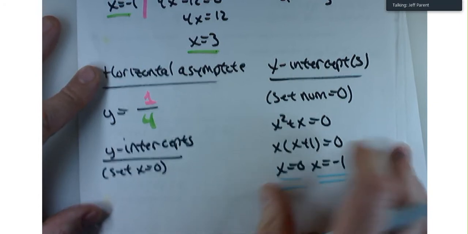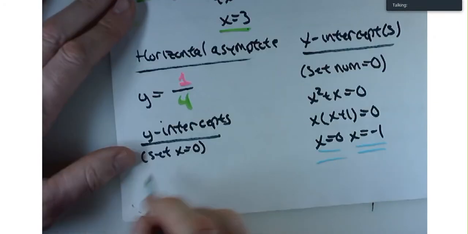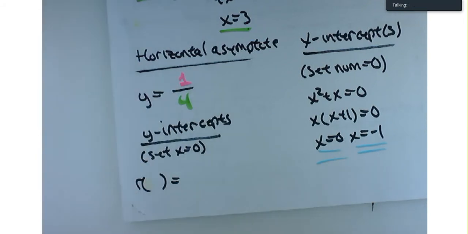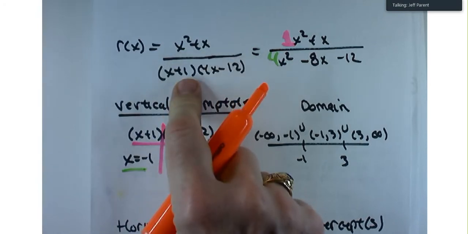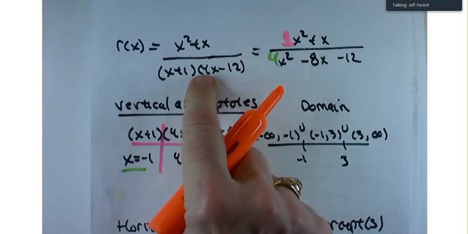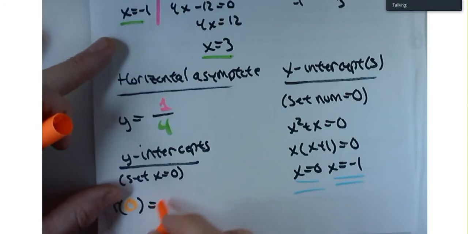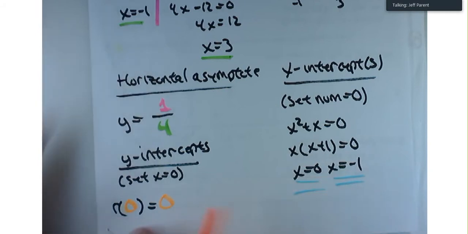And if I set x equal to 0 all the way back up here, r of 0 is going to be 0 squared plus 0 over, I don't know, whatever. It's going to be 0 over something, which is going to be 0. And we kind of already saw that. We knew we had a 0 at 0.